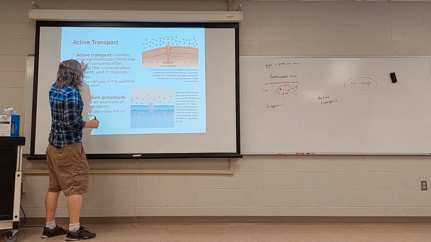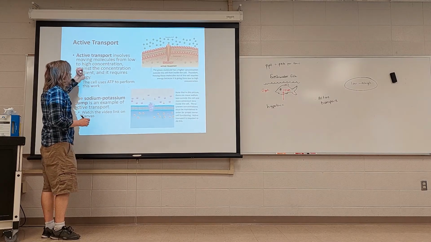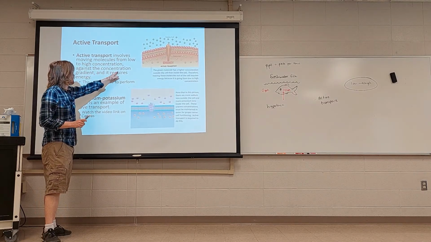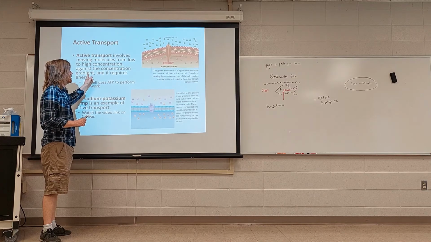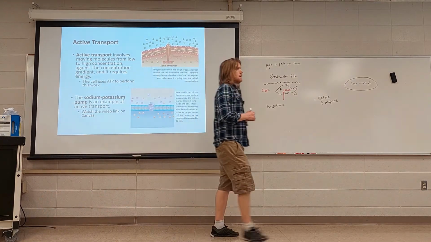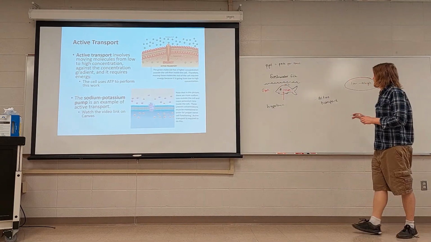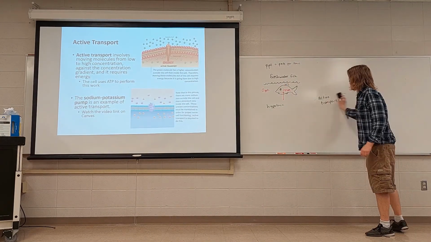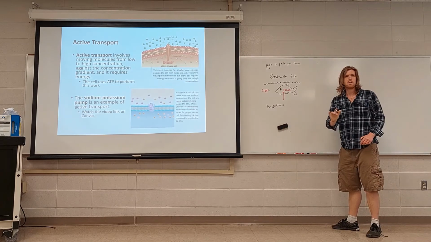So, active transport involves moving molecules from low to high against the concentration gradient, and to do that, you've got to use energy. If you remember from the previous lecture, we talked about the mitochondria and its job.